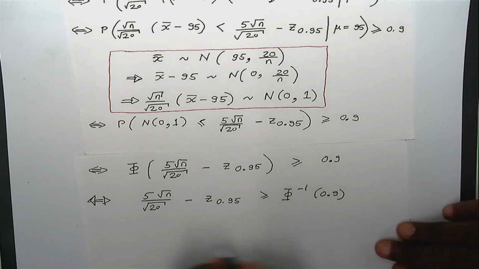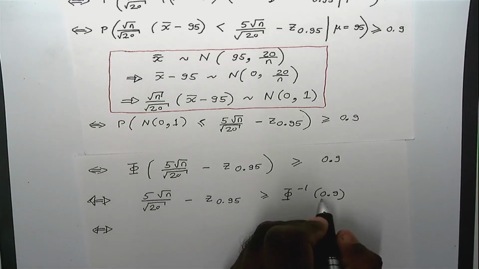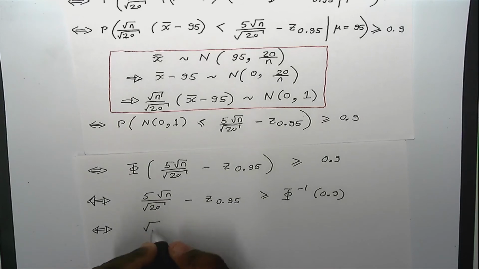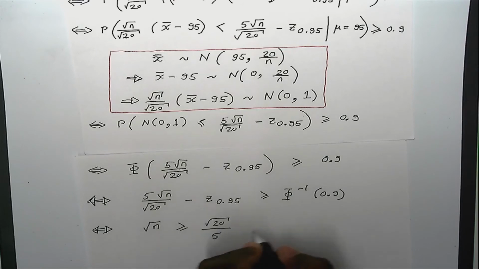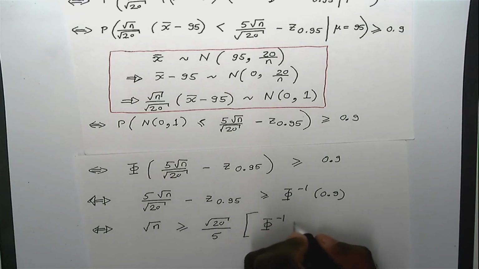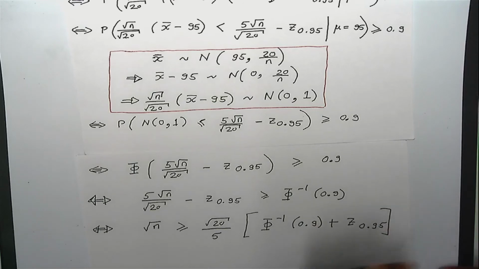And then in the next line, I'm going to take this constant to this side. So this is going to be root of n greater than or equal to... and we are nearly there.